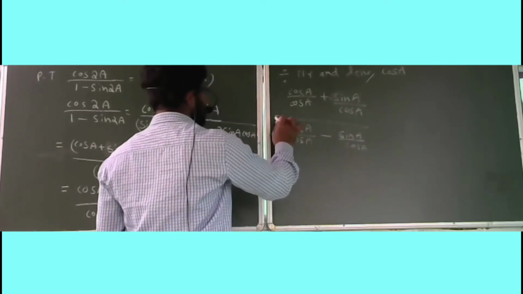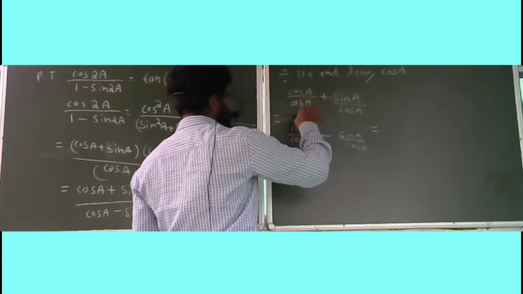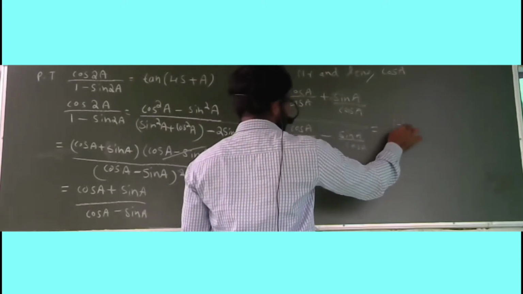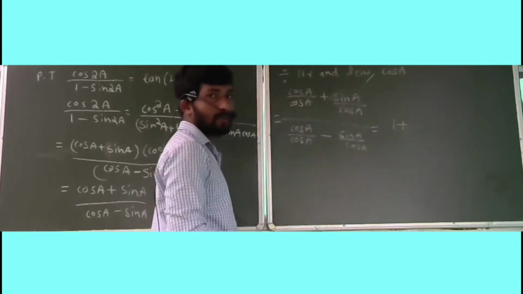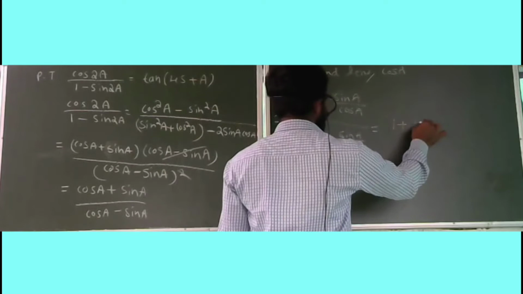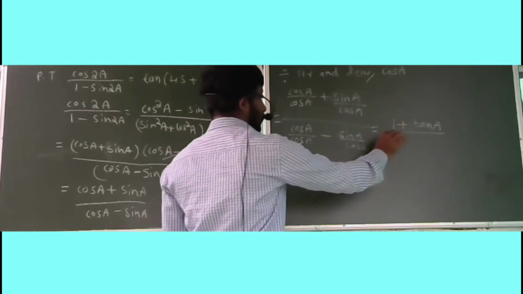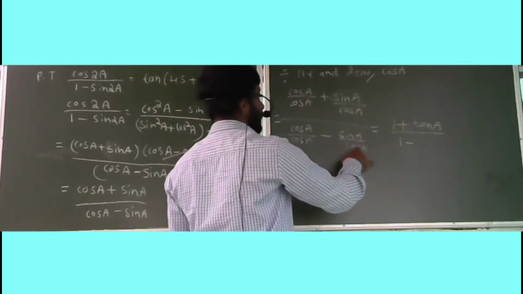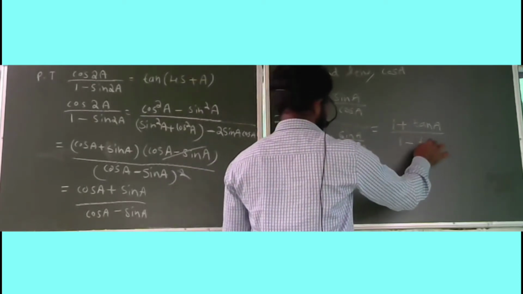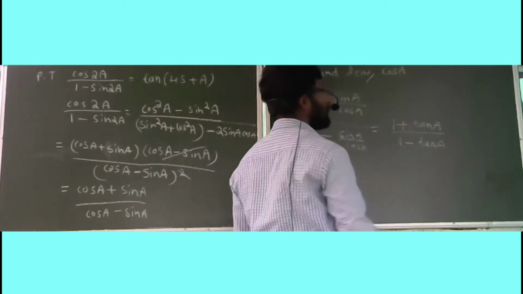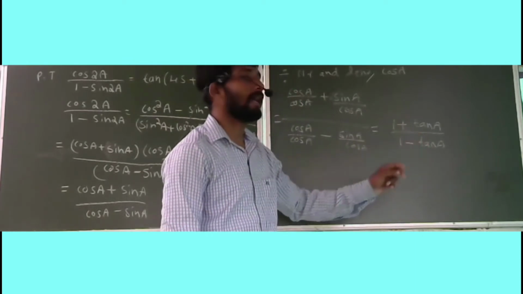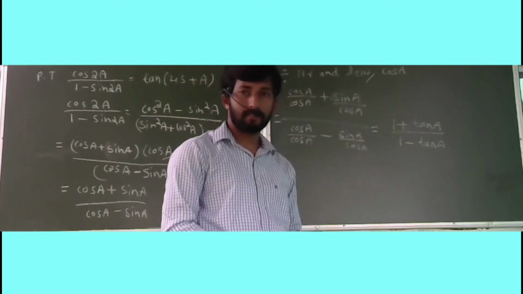Now see, in the next step, simplify this one. Cos a by cos a is 1 plus sin a by cos a, by trigonometric identity, it's equal to tan a, divided by 1 minus sin a by cos a is tan a. We studied the formula, right? 1 plus tan a divided by 1 minus tan a.